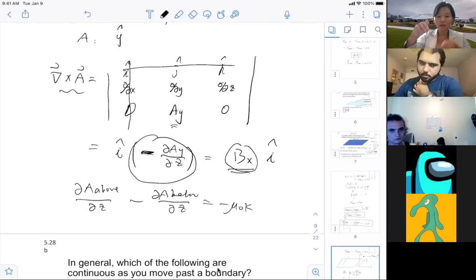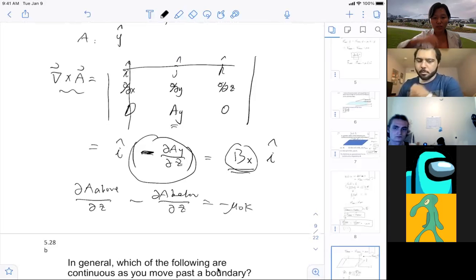So A, if you move your A in the X direction or Y direction, you're not changing your value for A. If you have any change in your A, it will be confined to the normal derivative. It will be with respect to the Z direction, which is perpendicular to the boundary.